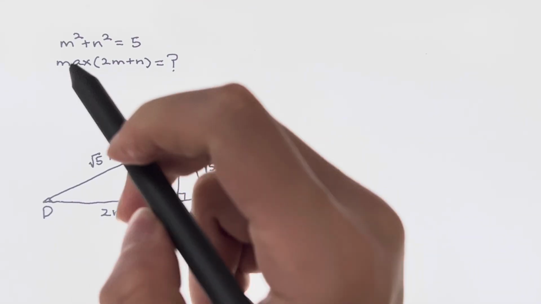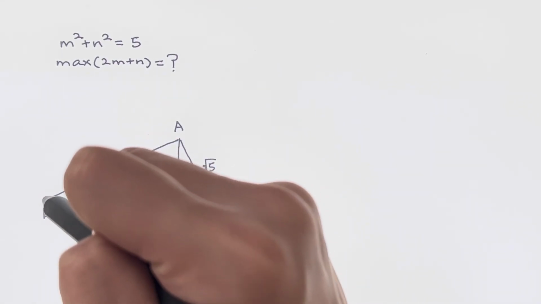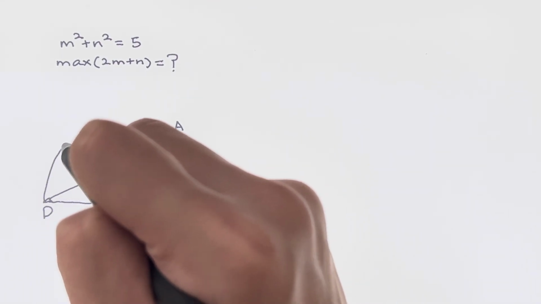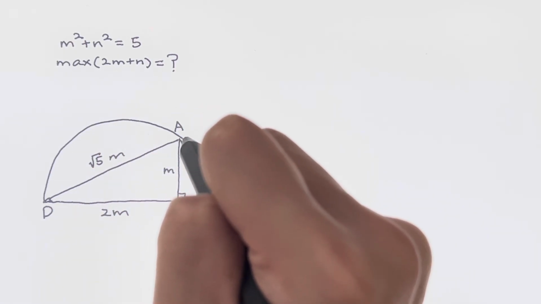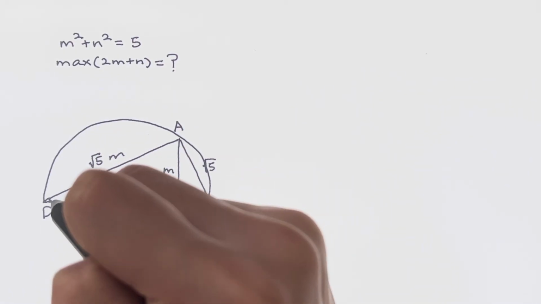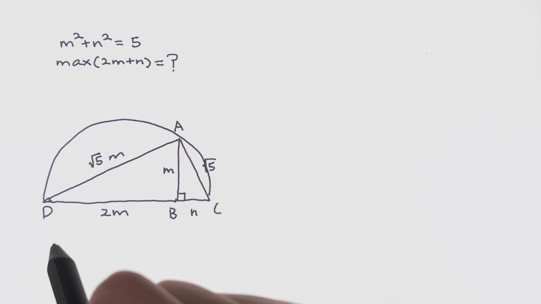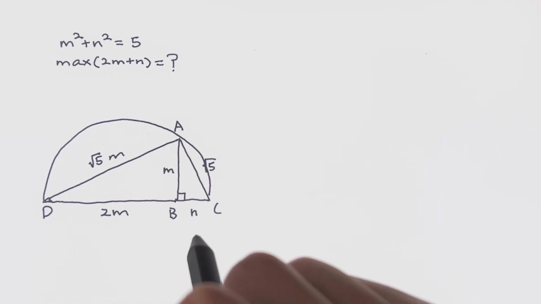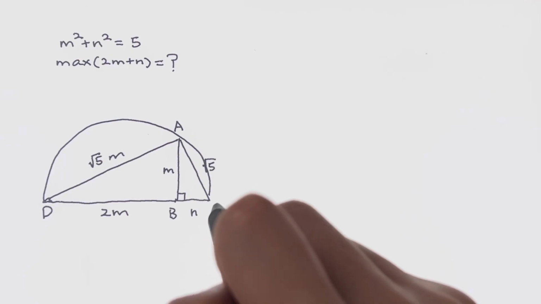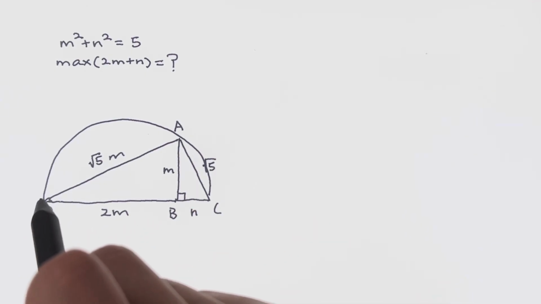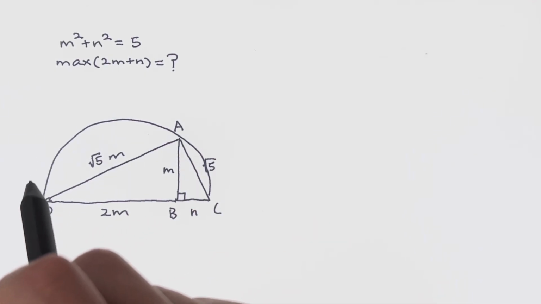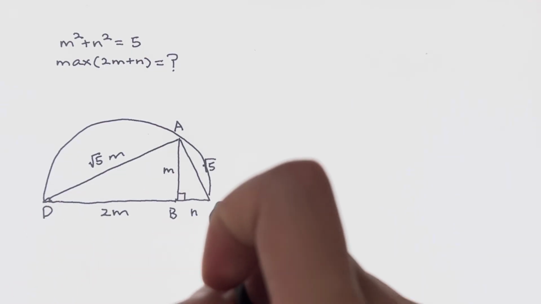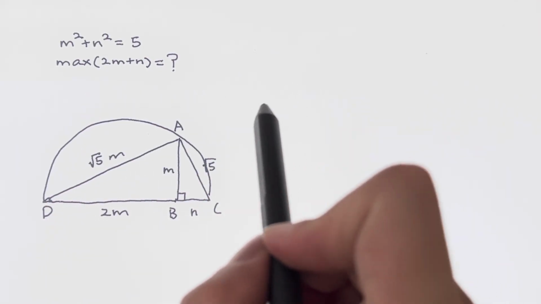So we just construct a circle. We only need to construct a semicircle here, as the full circle will not be necessary. Since CD is a chord, the longest chord in a circle is going to be a diameter. So DC is going to be a diameter in the maximum value case.